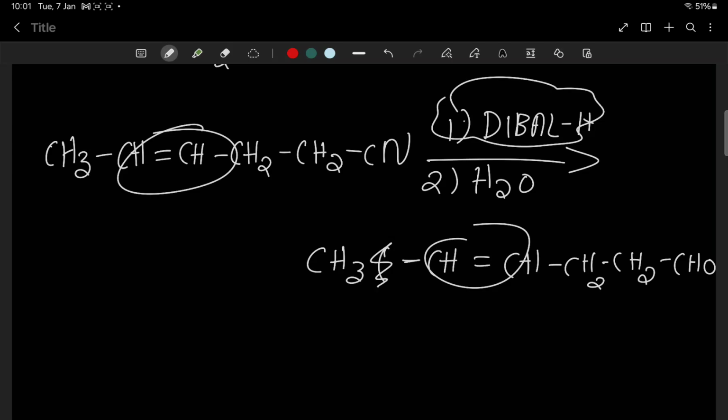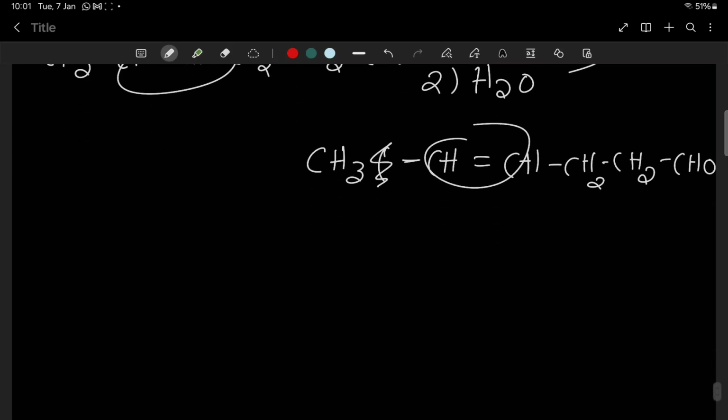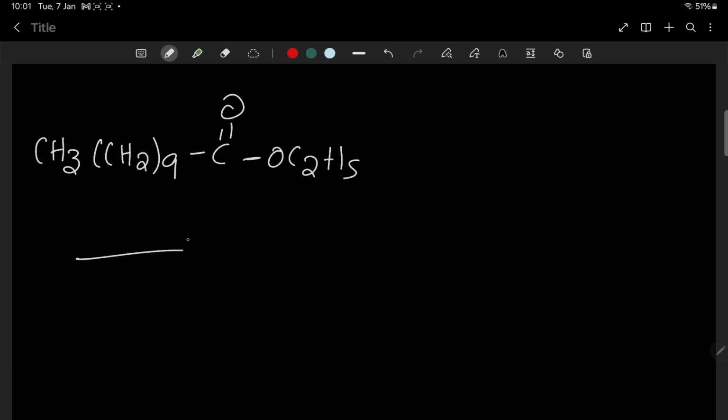Okay. Now next reaction. If I need, I can also reduce esters to aldehyde. Take an example, CH3 CH2 nine times, any ester I am taking, OC2H5. It is an ester also. I can use DIBAL-H as a reducing agent, a good reducing agent but weaker than LiAlH4. DIBAL-H and H2O.